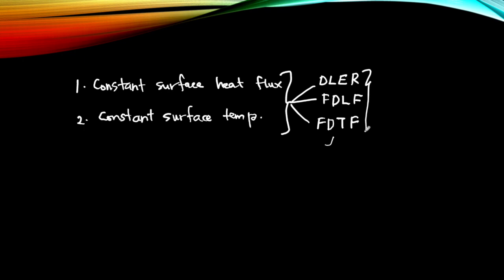This will be taught, and you will understand how to calculate these properties in order to determine the Nusselt number, and then find h. So my correction is that for both constant surface heat flux and constant surface temperature, we have turbulent and laminar flow.